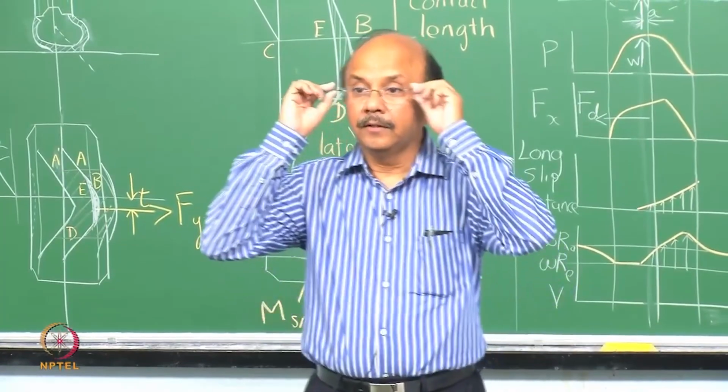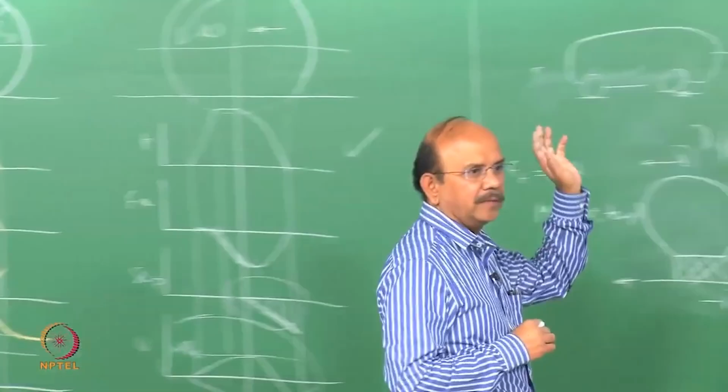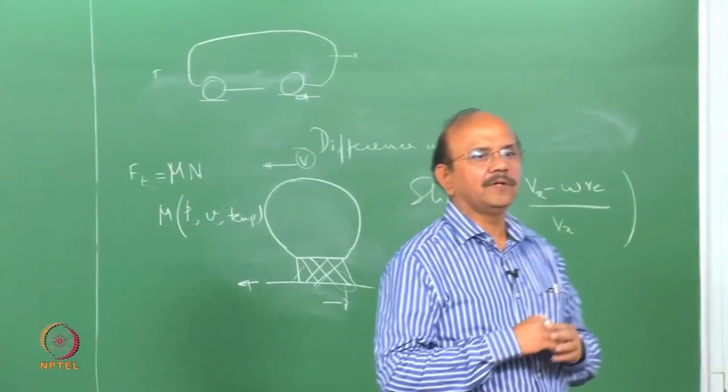understand how wear is created in a tire. Clear? Okay. Whenever these wear rates are different in different ribs or different positions, then we have uneven wear.